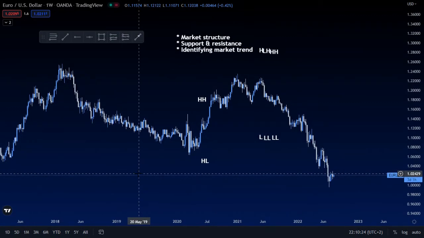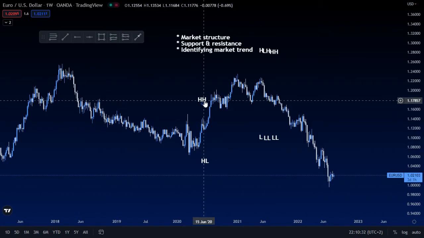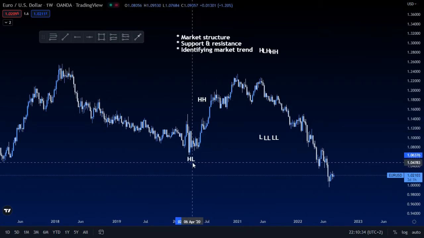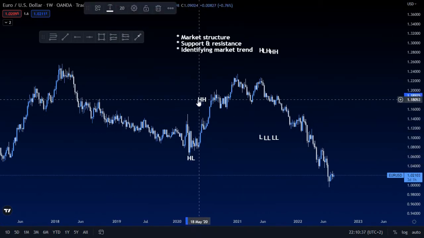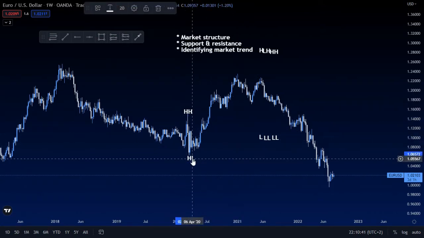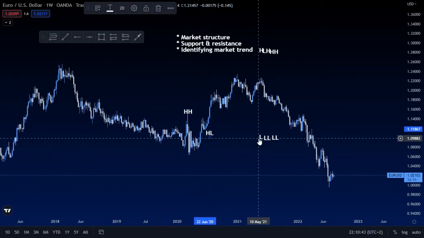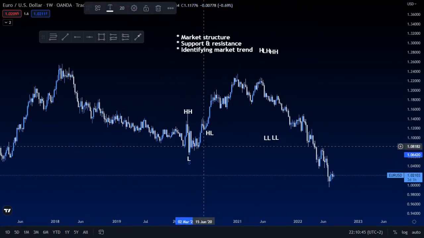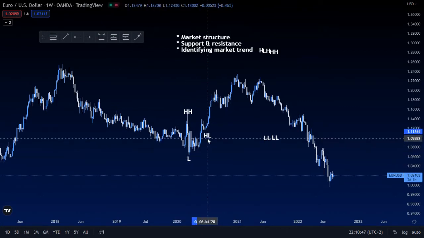Now, when it comes to structure, the main thing is being able to look at a chart and identify highs and lows. So if you look at the screen here, the first thing you would like to identify is where are the highs and where are the lows. So for instance, we can see here that we've got a low and we've got a higher low, right?